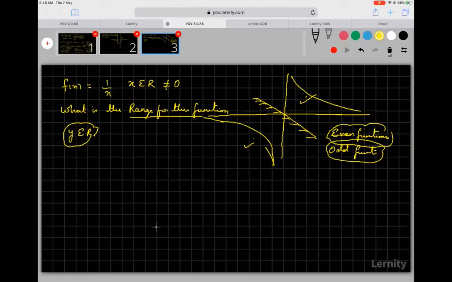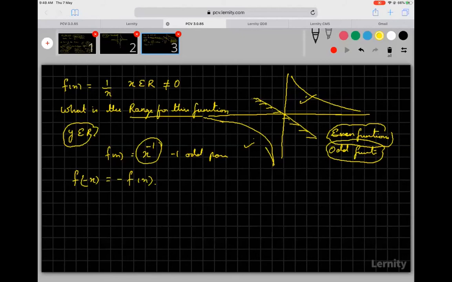Now, suppose you have a function which has odd powers of x. So this -1 is an odd power. An odd power of x will become an odd function. For an odd function, f of minus x is equal to minus f of x.